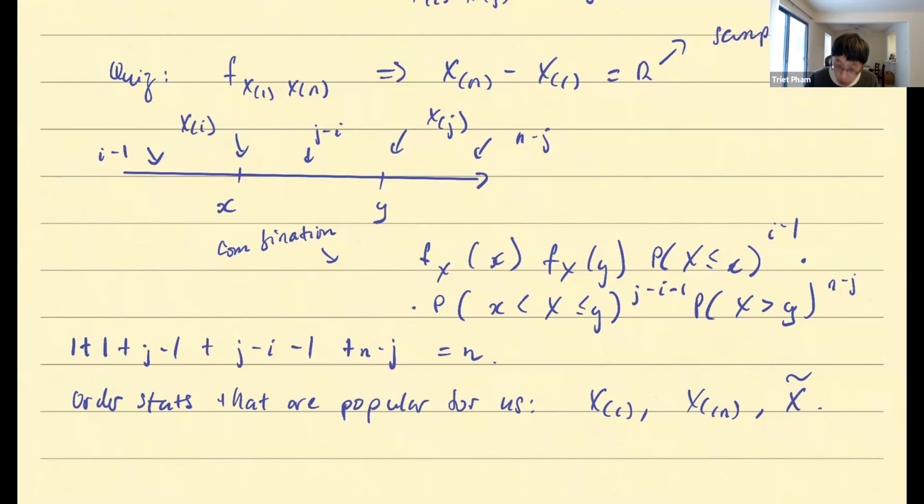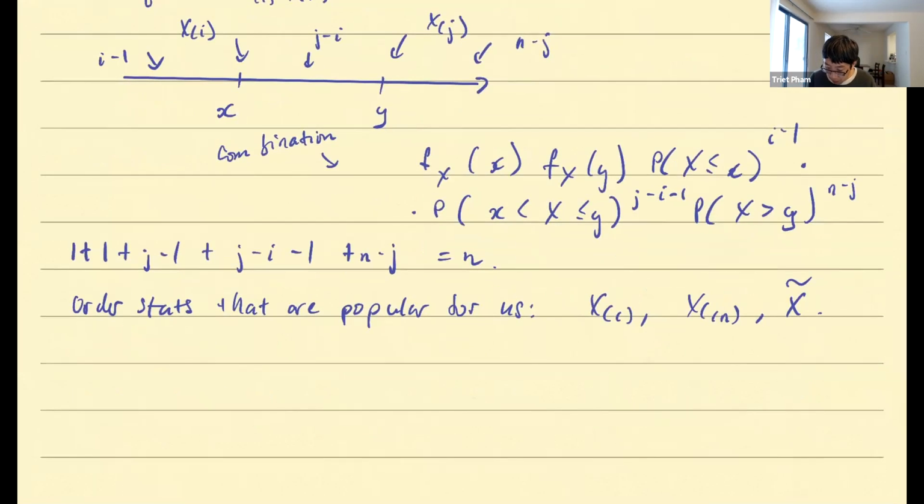All right. So the order stats that matter to us are these guys. It's just because it's simple and, I guess, it's popular. Also because, for most of the distributions we deal with, they will be estimators. So we'll talk about that.